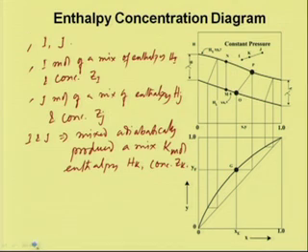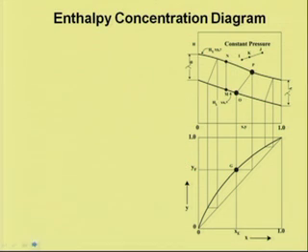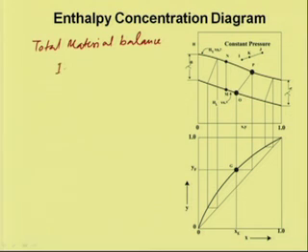Now, if we do the material balance, total material balance, I plus J would be equal to K, equation 1.